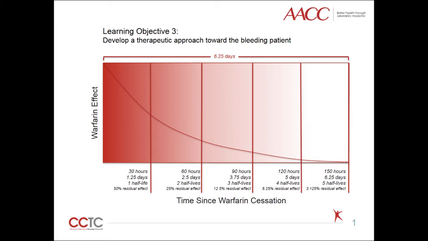If bleeding is present but isn't life-threatening, then administration of vitamin K results in more rapid reversal of warfarin effect. In one study, authors found that 1 to 5 milligrams IV resulted in some reduction in INR by 6 hours, and majority of reversal effect was in place by 15 hours.